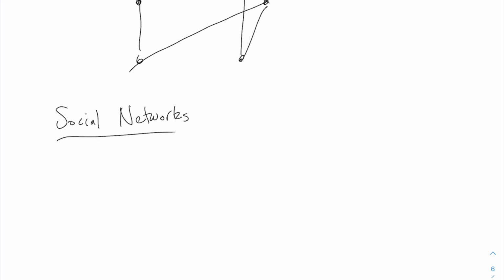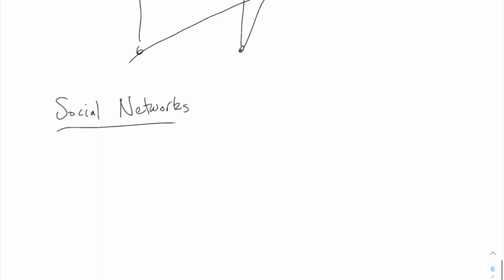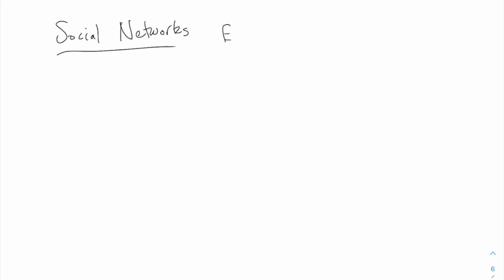If you wanted to do some kind of statistical analysis of Twitter or Facebook, you would think of it in terms of graphs. In a typical social network, each user is a vertex, and then they are connected. For instance, on Facebook, each user is connected to the people they're friends with, or on Twitter, I would be connected to all the people that I follow.